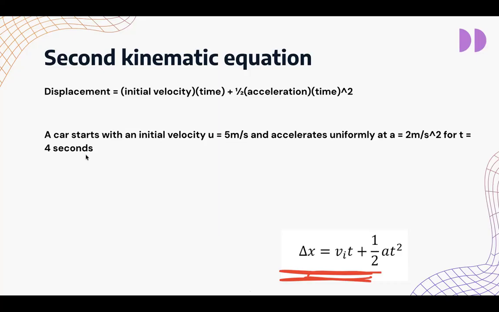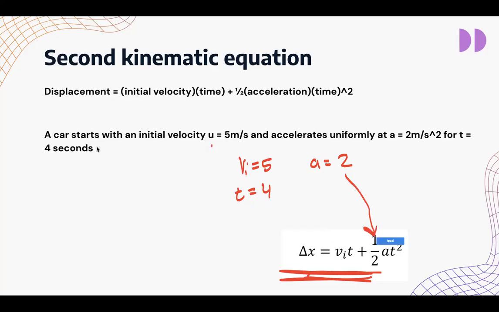So if you guys think, go through the math again, but I'll do it with you this time. Let's label all our variables, that makes it a lot neater. You get V sub I equals 5, T equals 4, A equals 2. Correct, we have all our things.